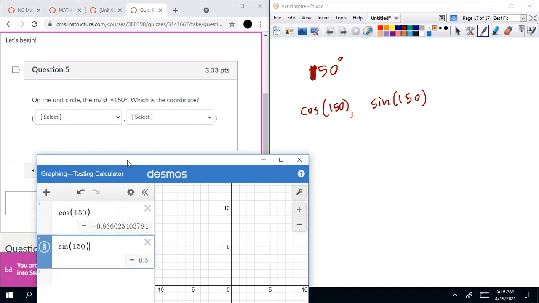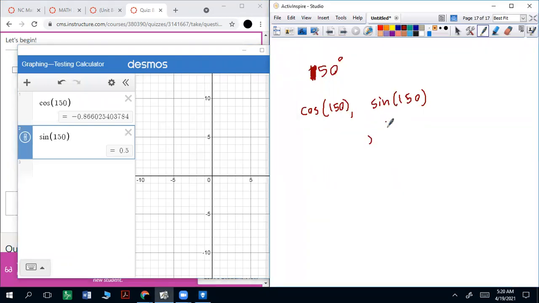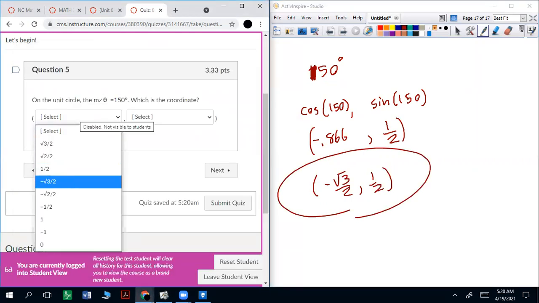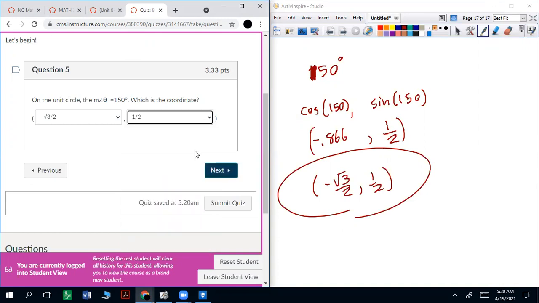All right, so sine is 1/2, and cosine is -0.866. And that's going to be negative square root of 3/2, positive 1/2. I mean, this is just kind of plugging in numbers and making sure they're right.